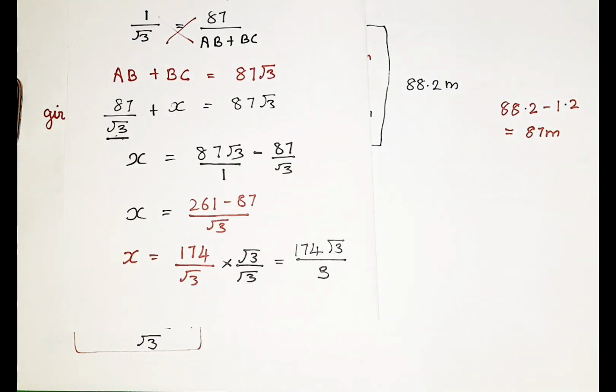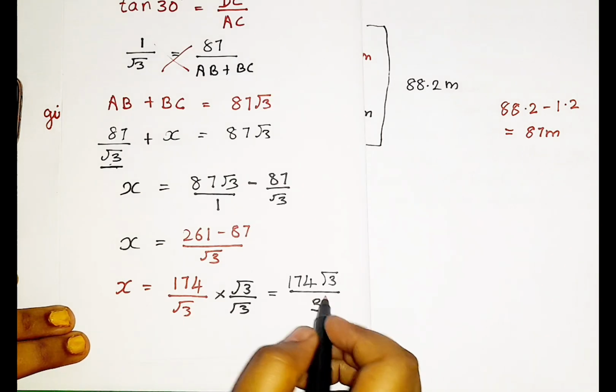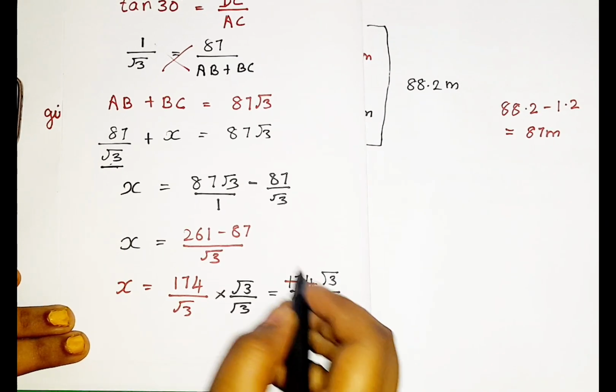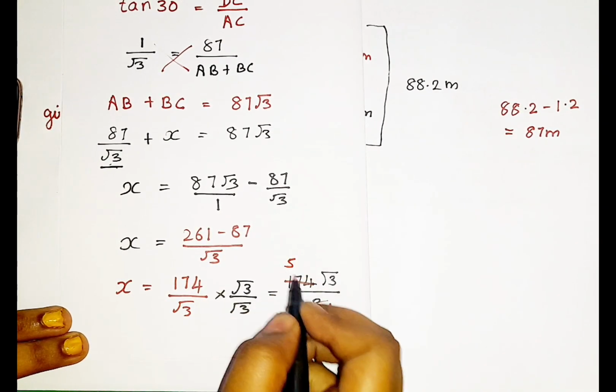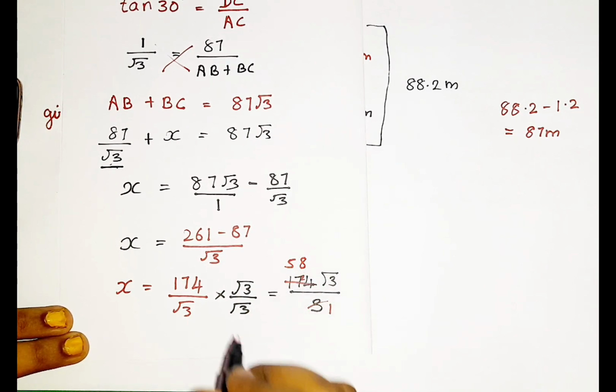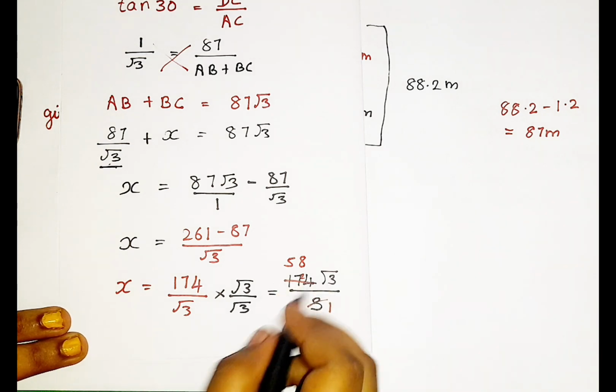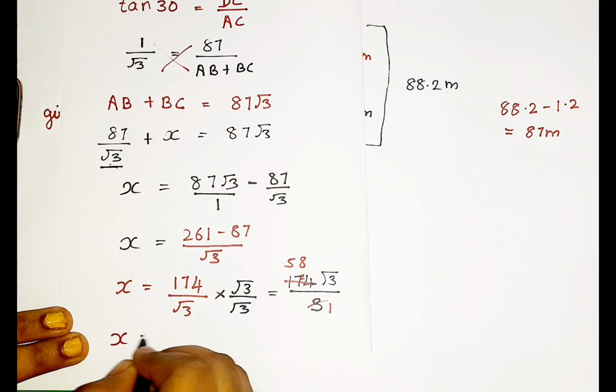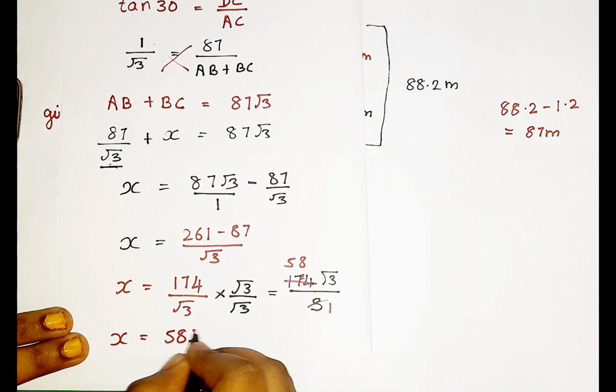So we can cancel them. 1 3 is 3 and then 5 3s are 15. So balance 2, and then 8 3s are 24. So now finally we got the X value, that is 58 root 3.